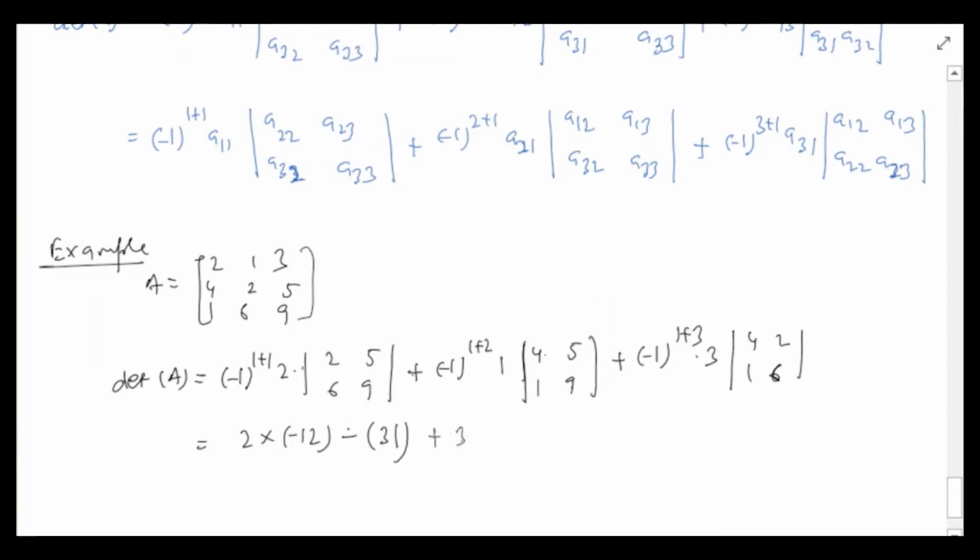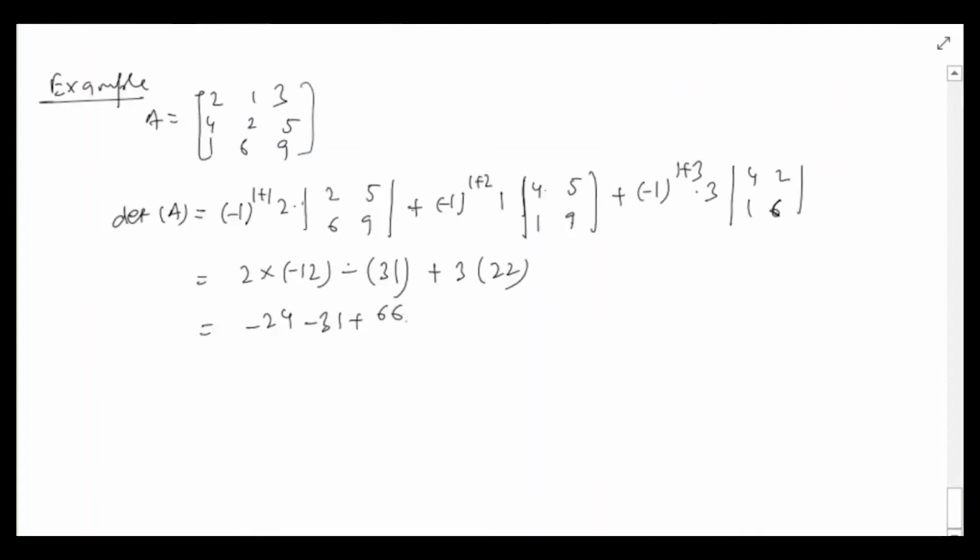Then finally I have 3 times 6 into 4, 24 minus 2, that is 22. So I have minus 24 minus 31 plus 66. On doing the arithmetic, I'll get final result 11.